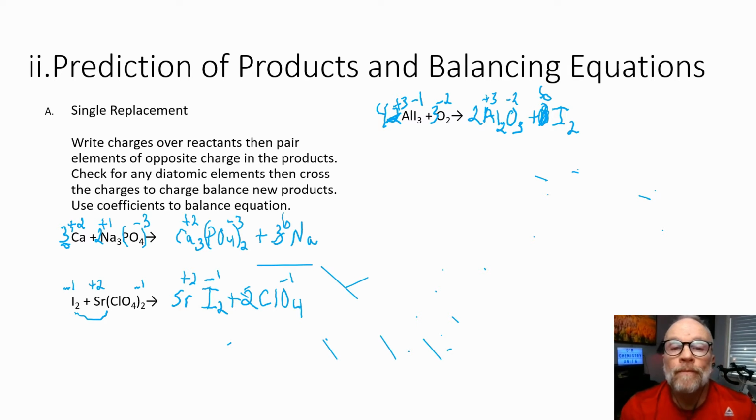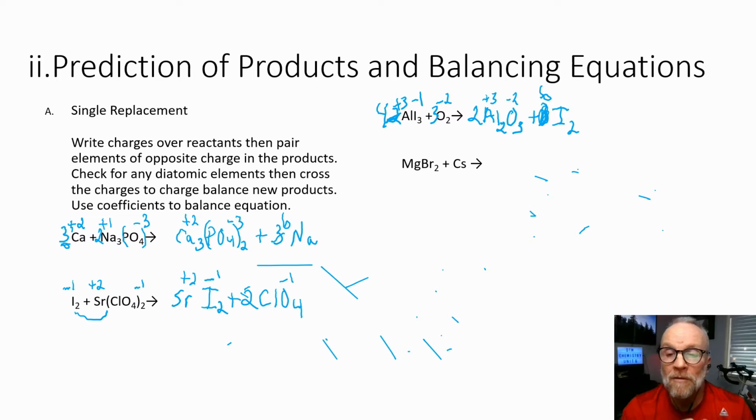And now 3 times 2 is 6 oxygens, 2 times 3 is 6 oxygens there, and I think we're balanced, but let's go back through and double check to make sure. 4 aluminum, 4 aluminums, 2 times 2 is 4. 4 times 3 is 12 iodides, 6 times 2 is 12 iodides, and 3 times 2 is 6 oxygens, 2 times 3 is 6 oxygens there. So now we are balanced. That one was a tough one.